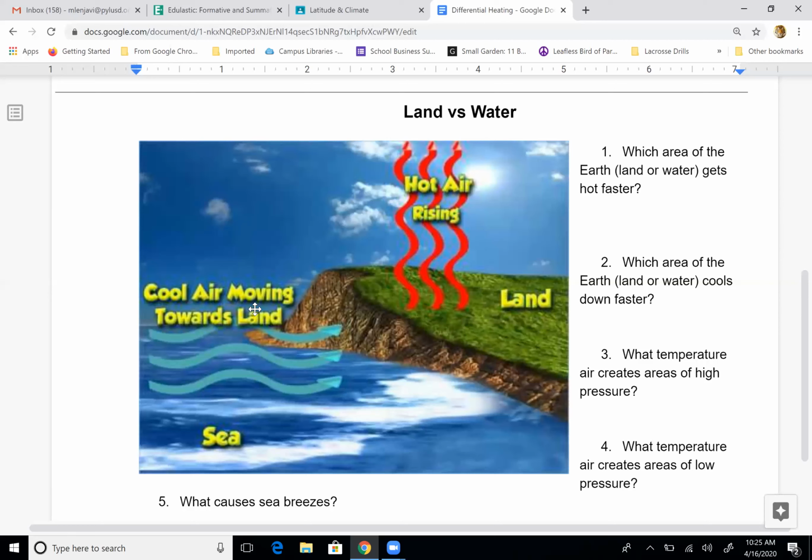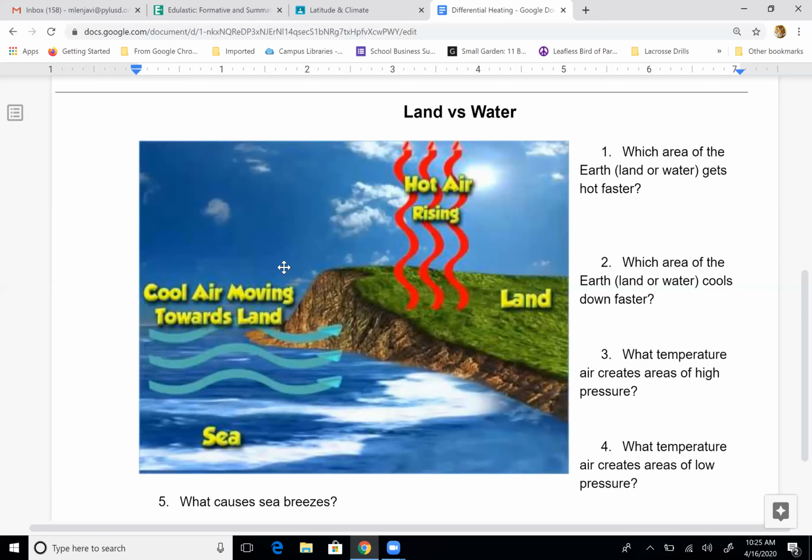One last thing, we're going to touch on the concept here, but we'll go into detail again when we talk about density: cool air is more dense. The molecules are together, so it creates an area of high pressure, and hot air is less dense. Molecules are moving away from each other, rising, so hot air creates an area of low pressure.